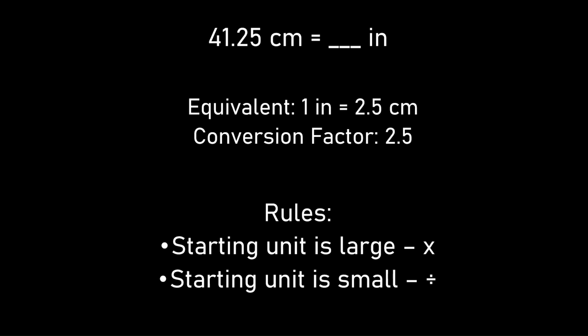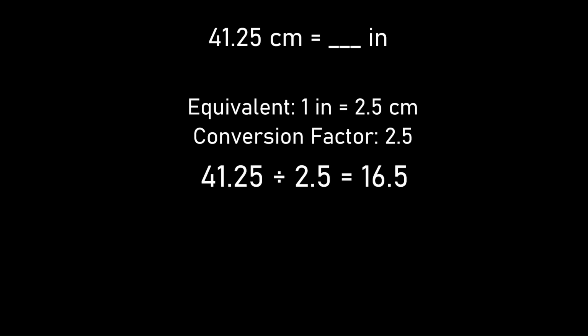That means we're converting from the smaller unit, which means we have to divide. So let's do it. 41 1/4 divided by 2.5 is equal to 16 1/2, just like we saw earlier. So our math checks out, and 41 and 25 hundredths of a centimeter is in fact equal to 16.5 inches.